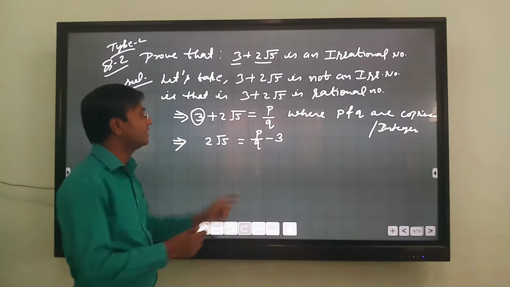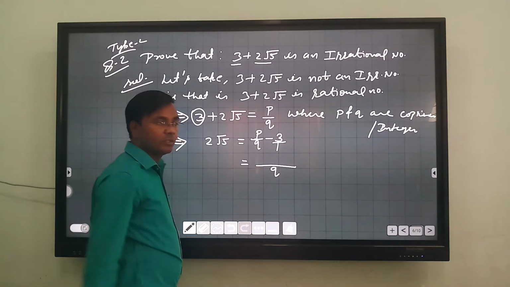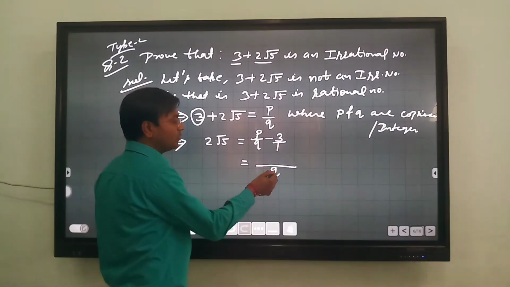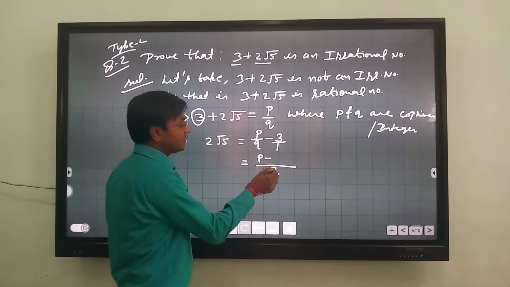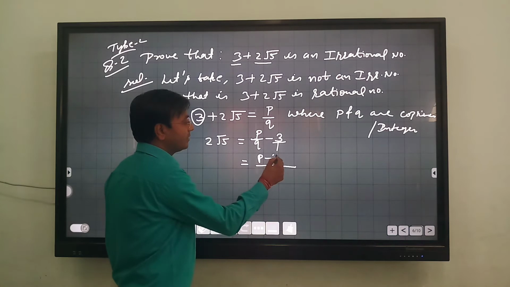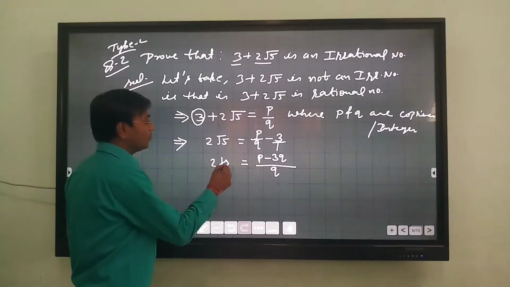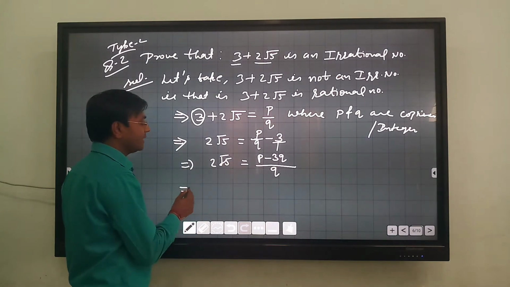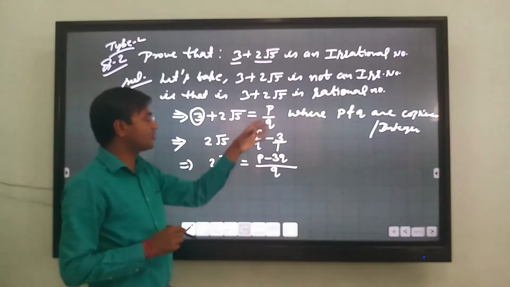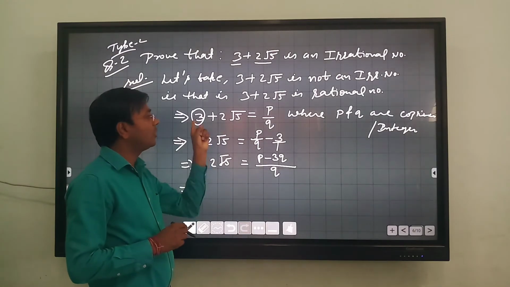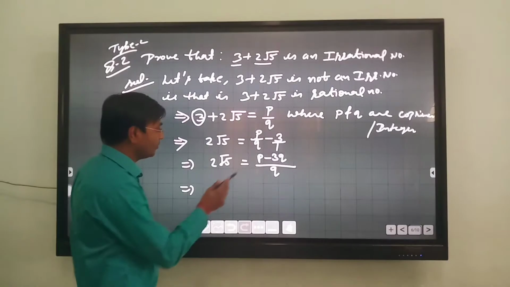Now take the LCM, q or 1, the LCM is q, so q cancels. So p minus, we divide q by 1, so q comes and becomes 3q, and on the LHS 2 root 5. These are the areas where most students get confused in taking the LCM or transferring this 3 from left to right. So be very careful.